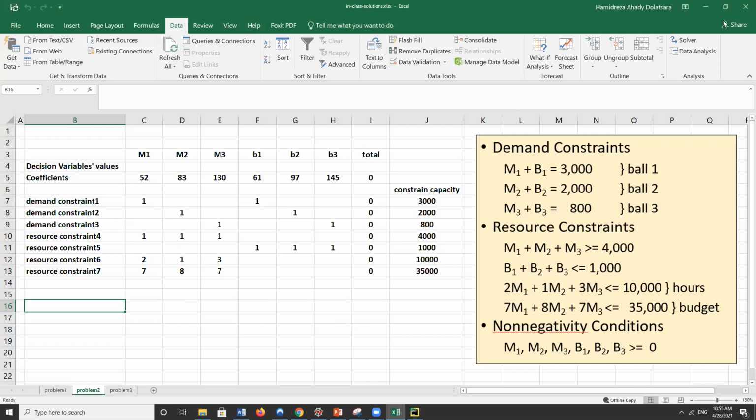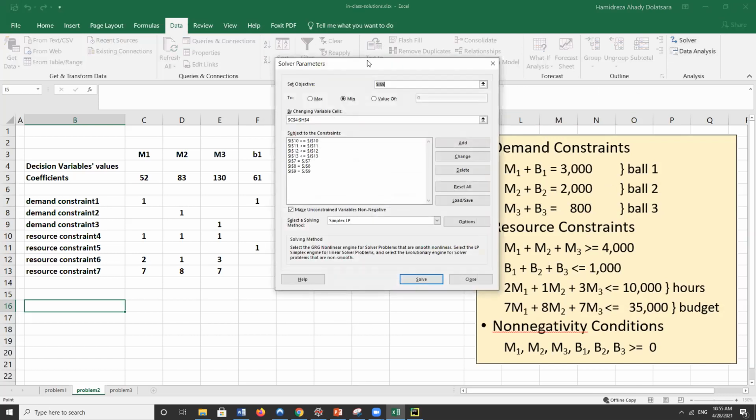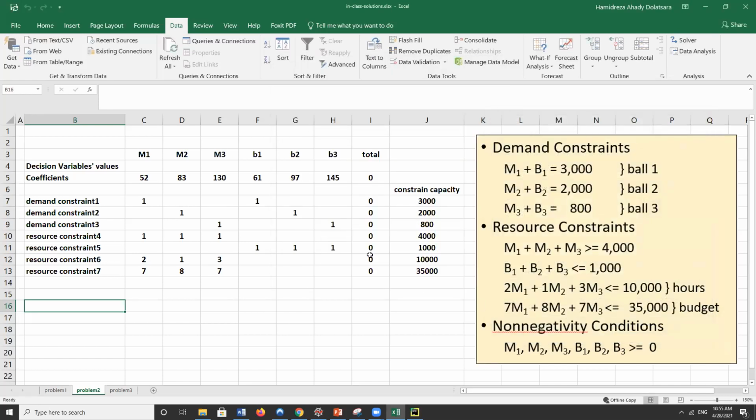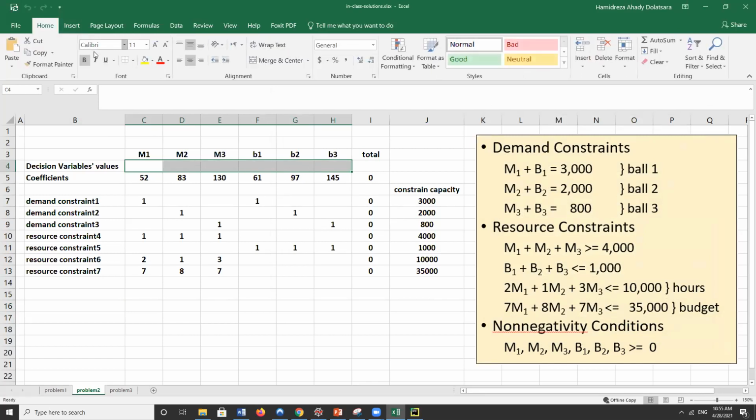If you understand how to formulate it, Excel is basically just typing these formulas in. So let's open Solver, and you should get the same solution as me. We talked about how to formulate it. For the constraints and objective function, we formulate them so that they change based on the decision variables here in yellow.